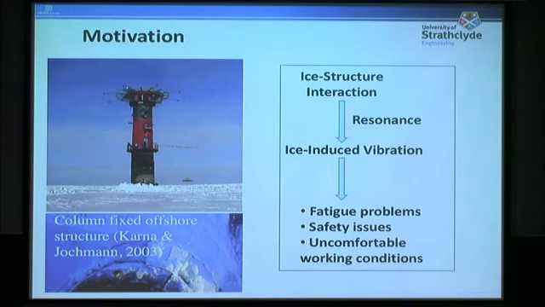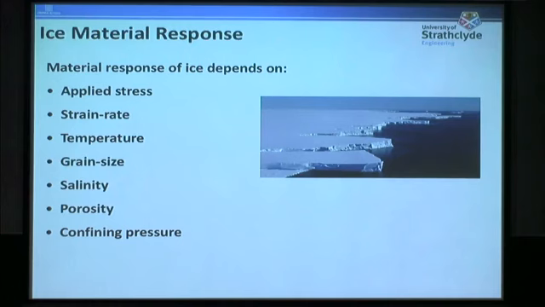And also, of course, another important area for us is the oil and gas sector, and basically the ice interaction with offshore structures. So when they interact, they can cause ice-induced vibrations, and ice-induced vibrations can cause certain problems, including fatigue and so on. Again, something that we need to take into account during the design process.